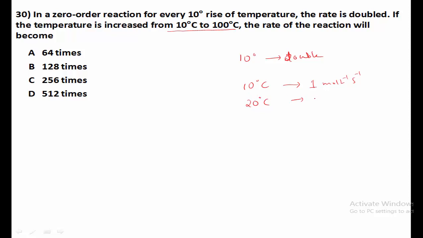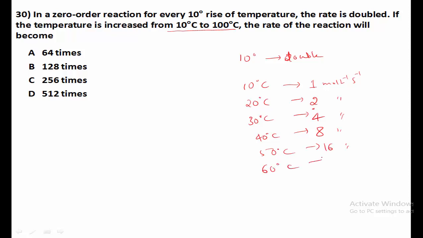So 1 turns to 2 mole per liter per second. Then I will make it 30 degrees Celsius. Again it doubles the rate. Now 2 gets doubled to 4. 40 degrees Celsius, how much does it become? 8. 50 degrees Celsius, it becomes 16.